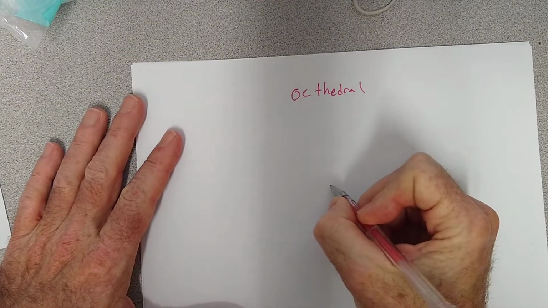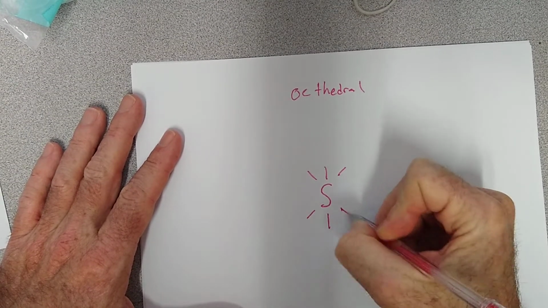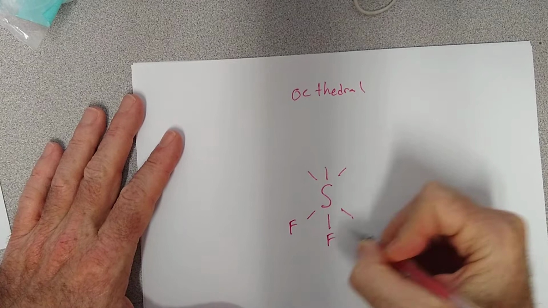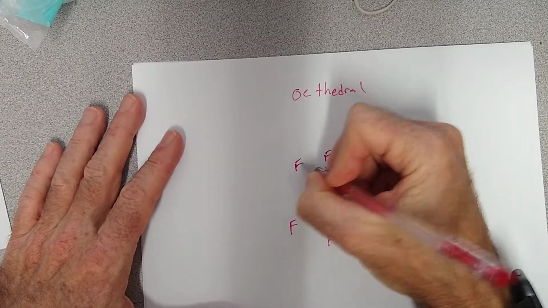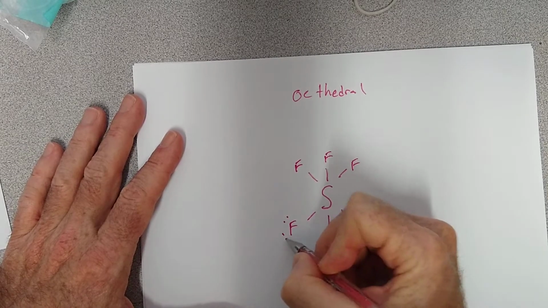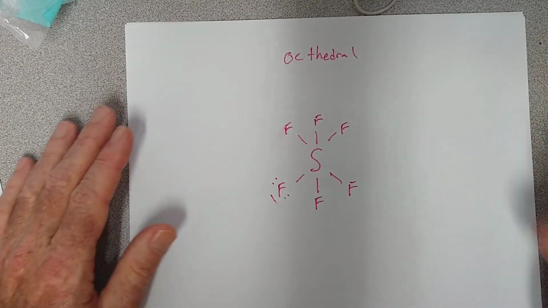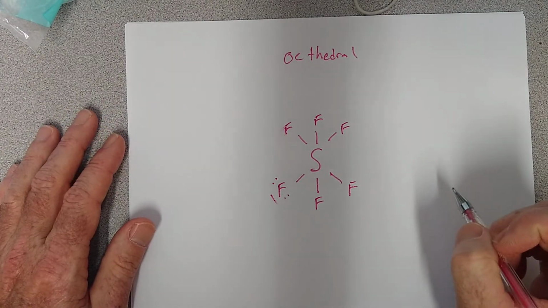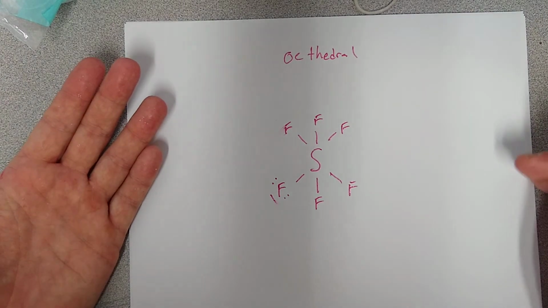So sulfur can end up with 6 fluorine atoms around it. Pretend I put all these dots on here. I'd have to draw so many more dots. But what happens is you end up with this sulfur surrounded by 6 fluorine atoms.